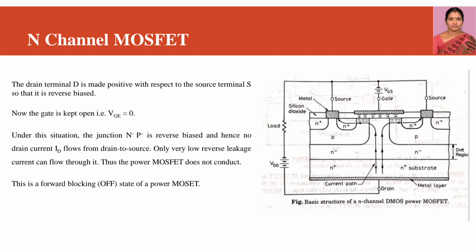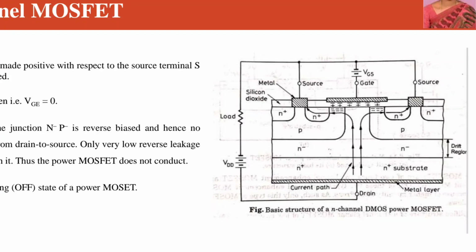So the voltage applied between the source and drain is VDD. There is a gate terminal. Above the N plus region there is a silicon dioxide layer which forms the gate terminal. The positive gate voltage is applied between the gate and source terminal. There is an electric field formed.